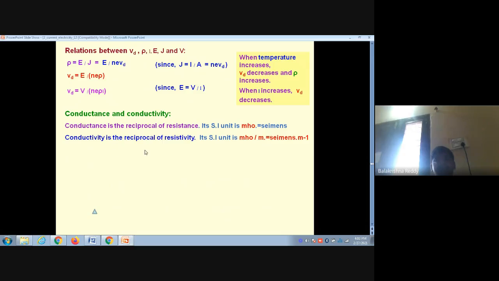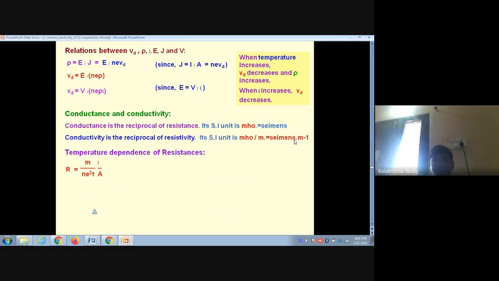Conductivity is the reciprocal of resistivity. Its SI unit is mho per meter, mho per meter for conductivity, and ohm into meter for resistivity. Mho is called Siemens, so conductivity is mho meter inverse or Siemens meter inverse. That is conductivity.